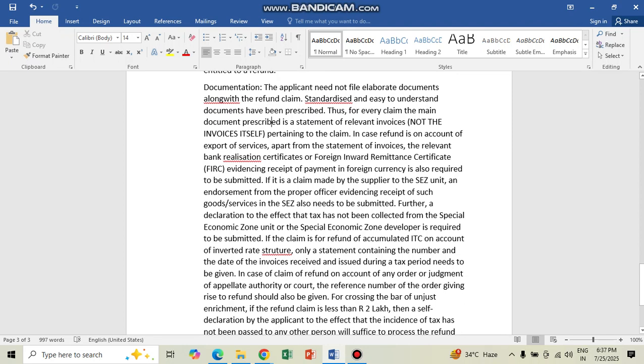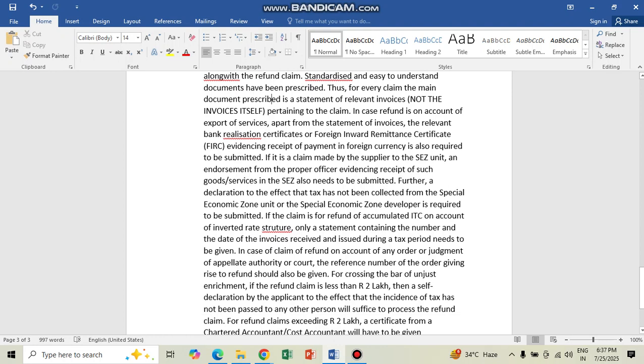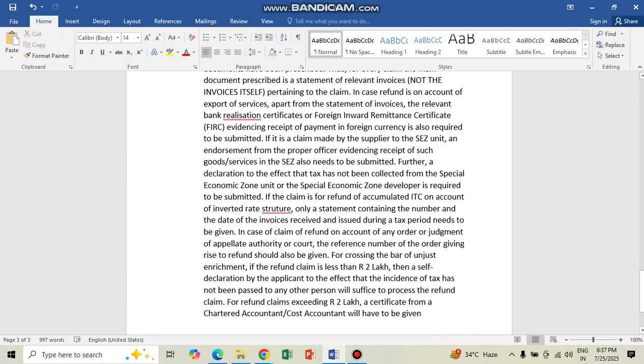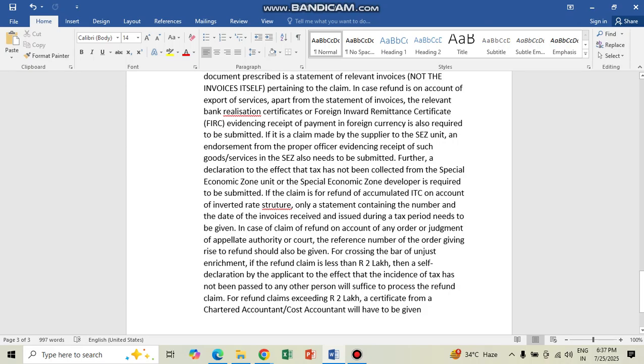For crossing the bar of unjust enrichment, if a refund claim is less than rupees 2 lakh, then a self-declaration by the applicant to the effect that incidence of tax has not been passed to any person will suffice for the process of refund. For refund claims exceeding 2 lakh, a certificate from a Chartered Accountant or Cost Accountant will have to be given.